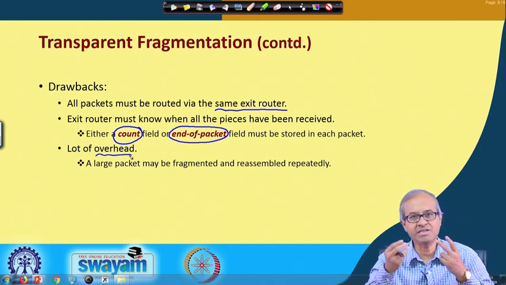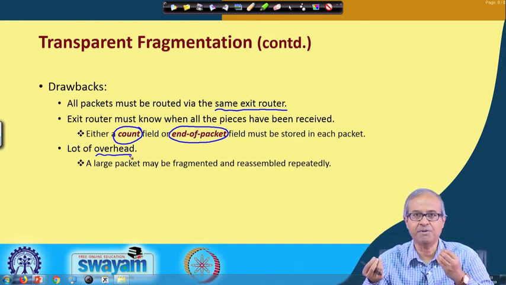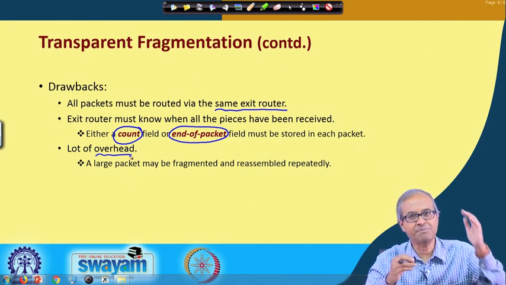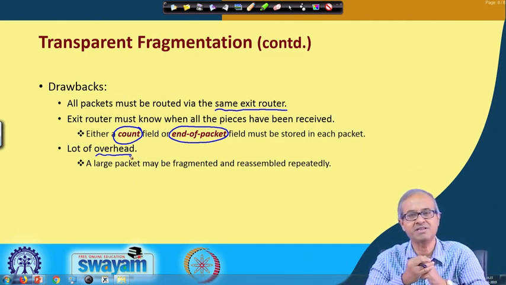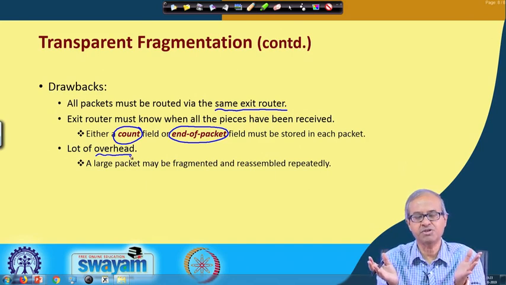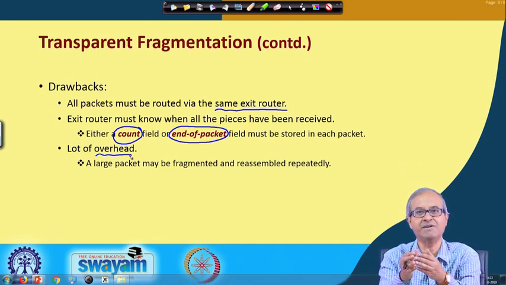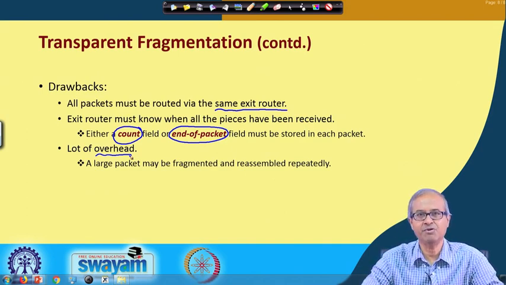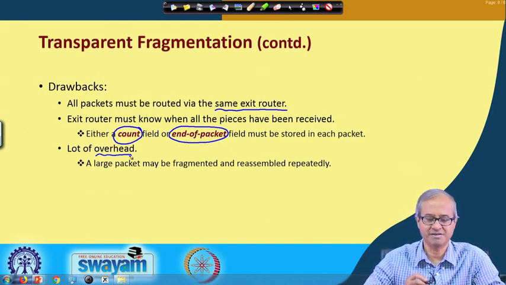There are two things: one is you are putting more burden on one particular router, and secondly, after fragmentation the exit router must do a reassembly. If the packet flows through multiple networks, there will be multiple fragmentations, multiple reassemblies, again fragmentation, again reassembly. So, the amount of overhead is much higher here. Okay.